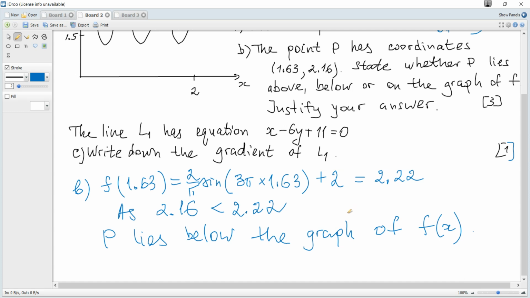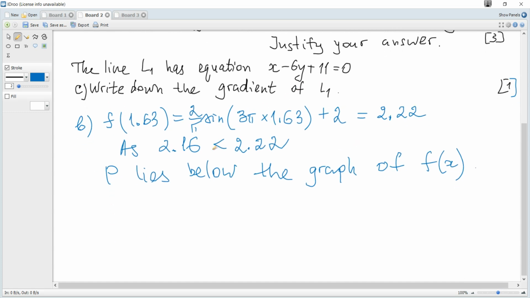Next, the line L1 has the equation given. Question C: write down the gradient of L1. We need to rewrite it as y equals, because only when it is written as y is mx plus c, this coefficient in front of x is the gradient.